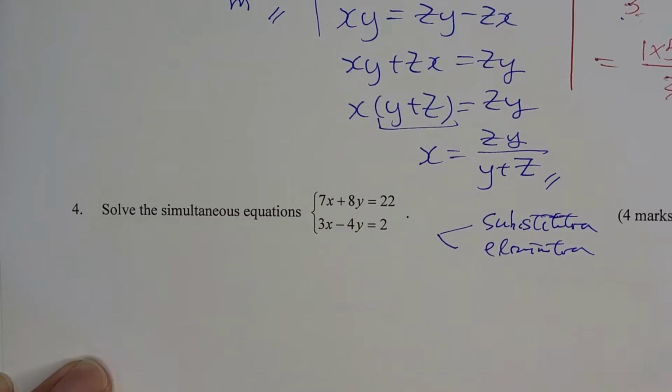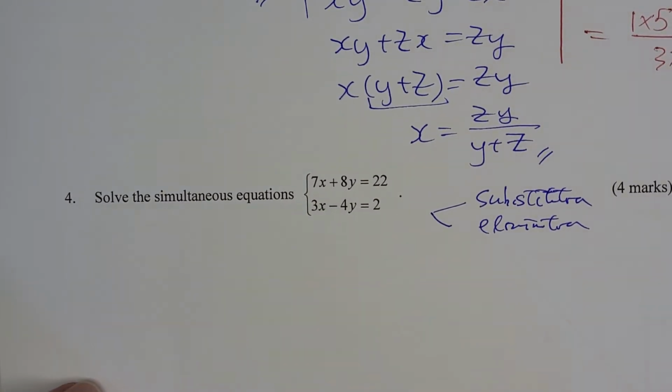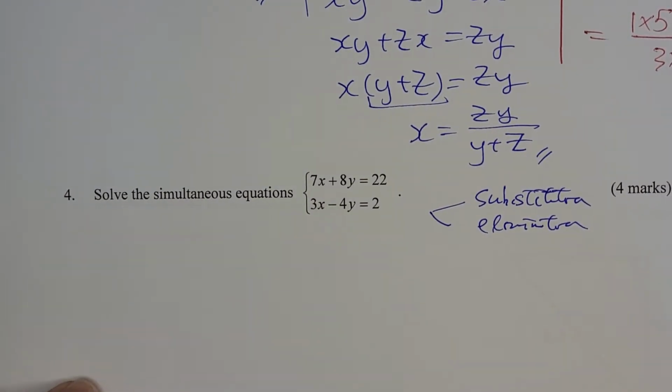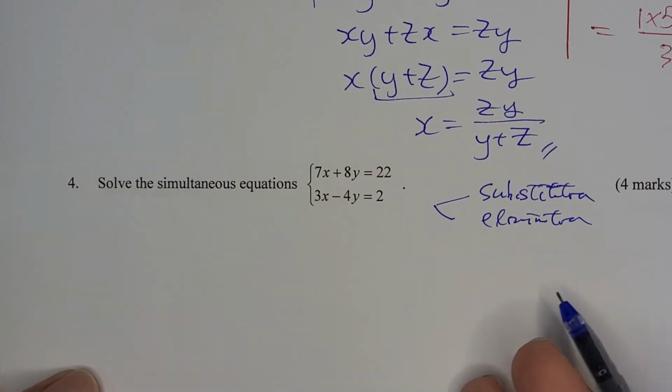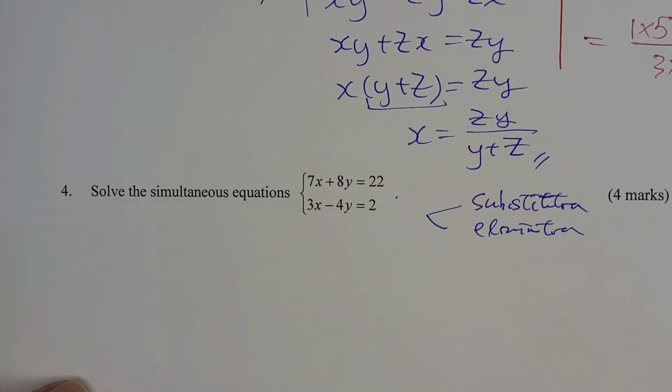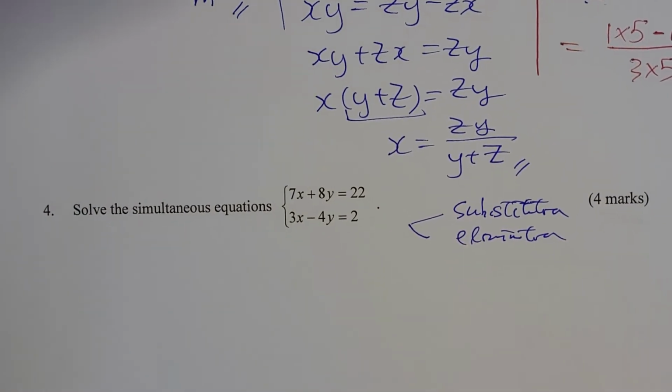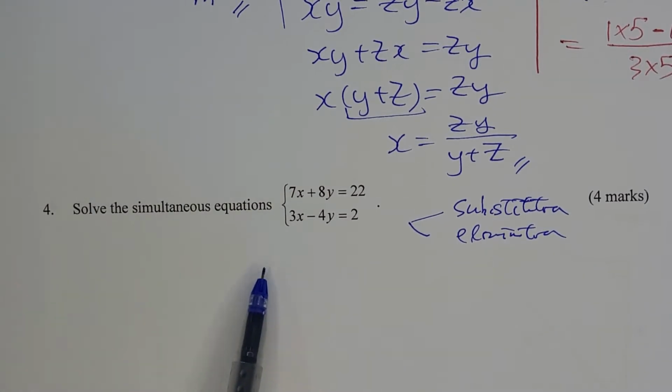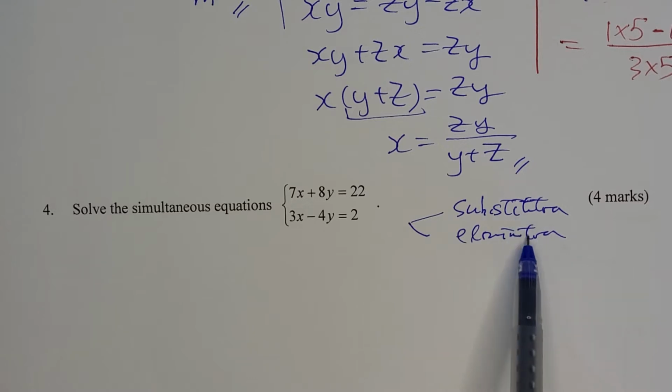You can even use the graphical method if you want, but you need to raise your hand and get graph paper and stick it on, which is too time consuming, right? So they are expecting you to use the algebraic method. That means you should choose one of these two.